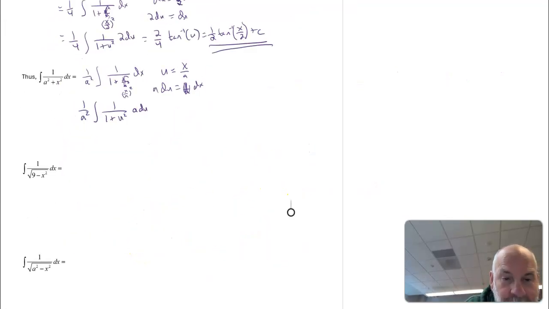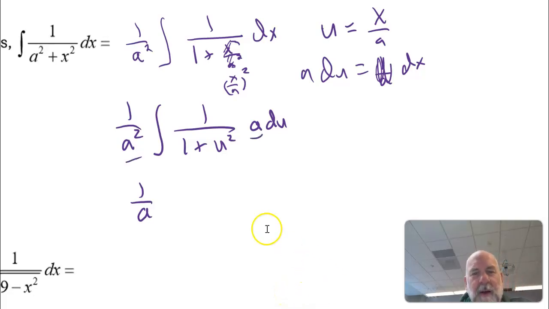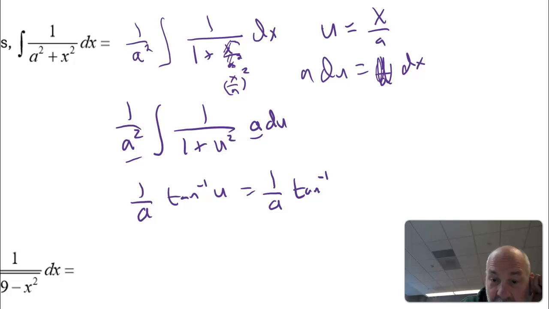So that's a over a squared, so that's 1 over a. 1 over 1 plus u squared would be tangent inverse of u. So now let's turn it back to x's. So it's 1 over a tangent inverse of x over a plus c.